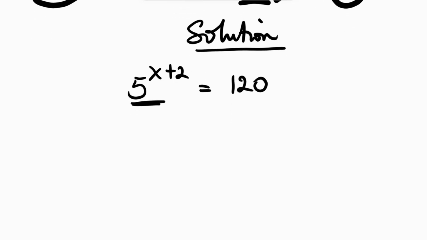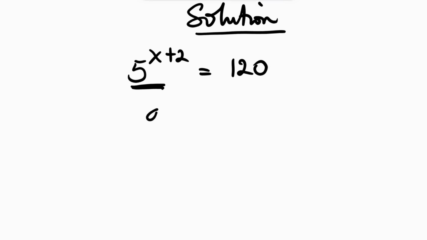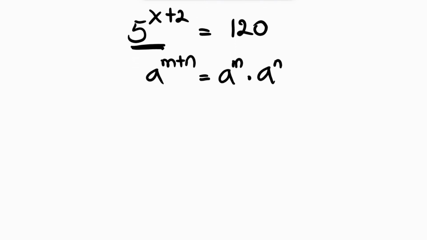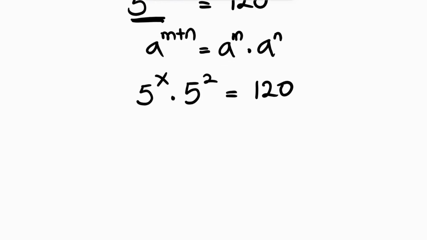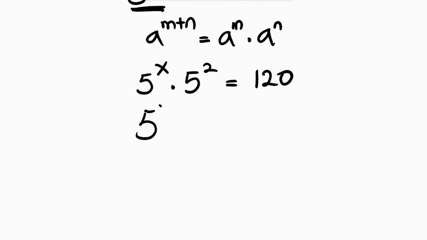So let us break up the left-hand side. We know a raised to the power m plus n is equal to a raised to the power m dot a raised to the power n. So it becomes 5 raised to the power x dot 5 raised to the power 2 equals 120. 5 squared is the same thing as 25.